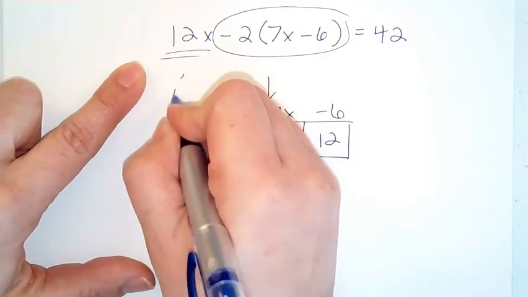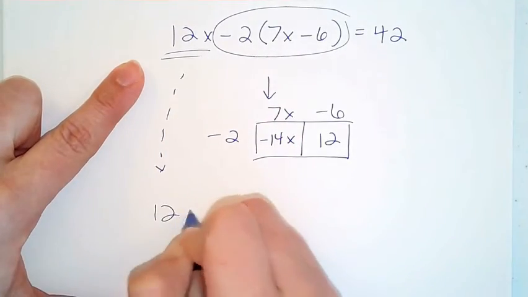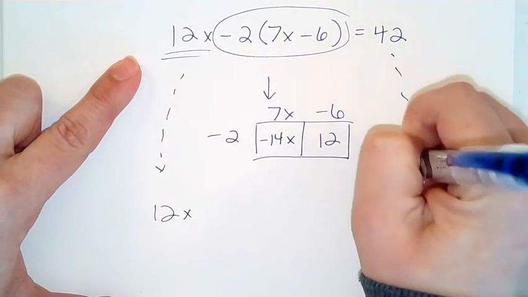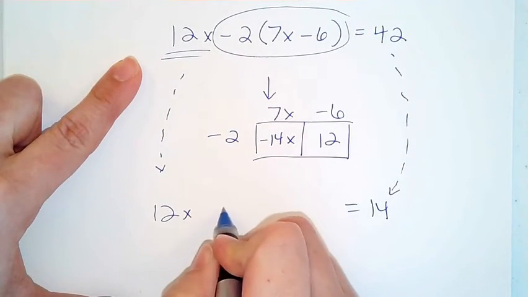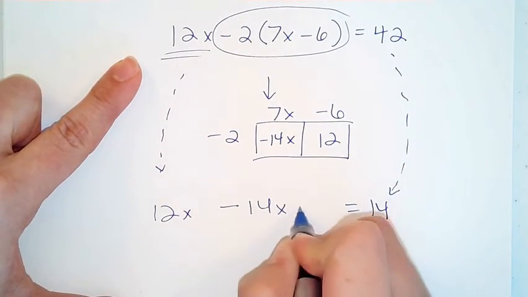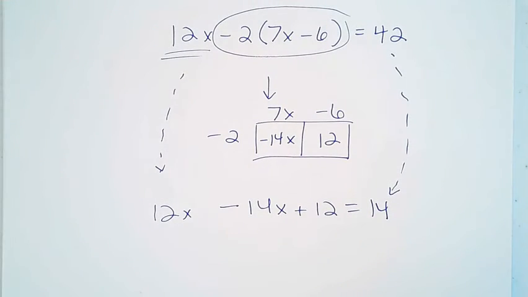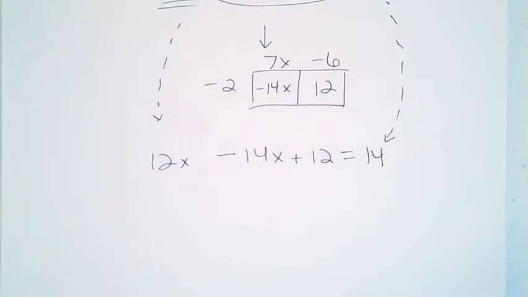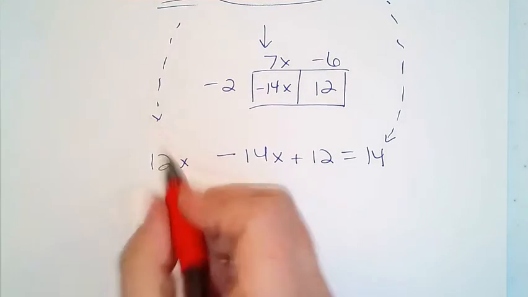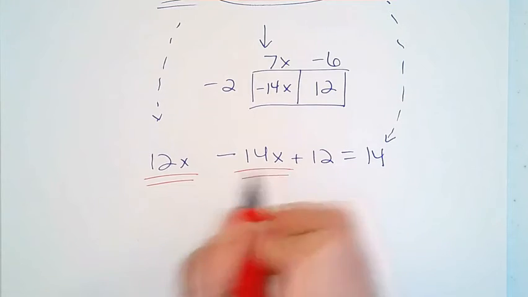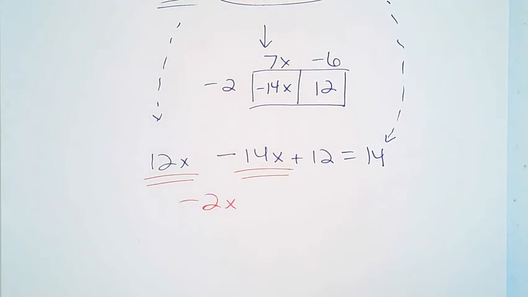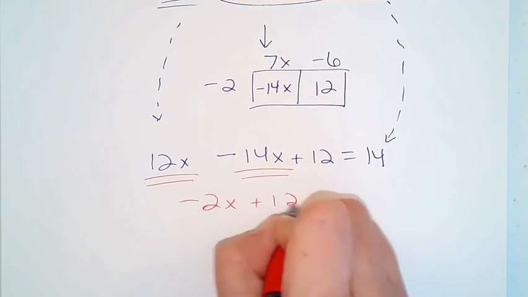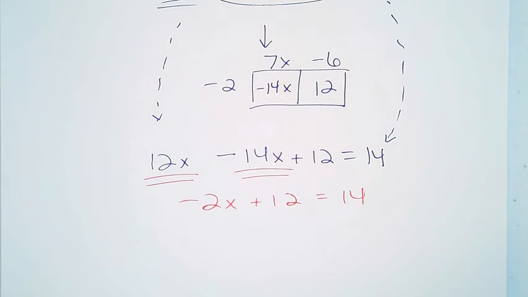So I'm going to bring down my 12x, bring down my equals 14. I'm going to put this little guy in there. Okay, so now we've kind of got a new equation. Well, what I noticed is I've got some like terms. 12x minus 14x is going to give us negative 2x plus 12 equals 14.